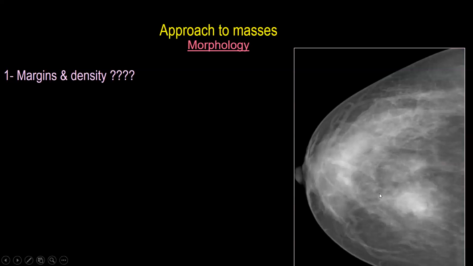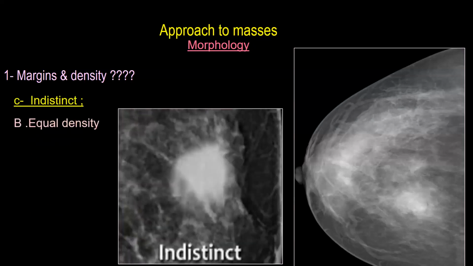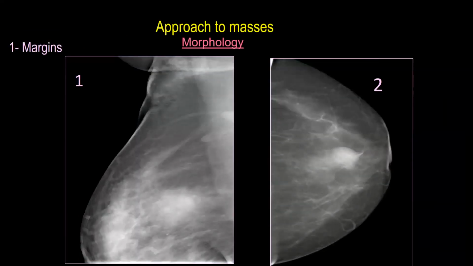And this one, the margin and density. Indistinct margin. Equal density mass. Excellent. Equal density, indistinct margin. Margin of 1 and 2? One, indistinct.